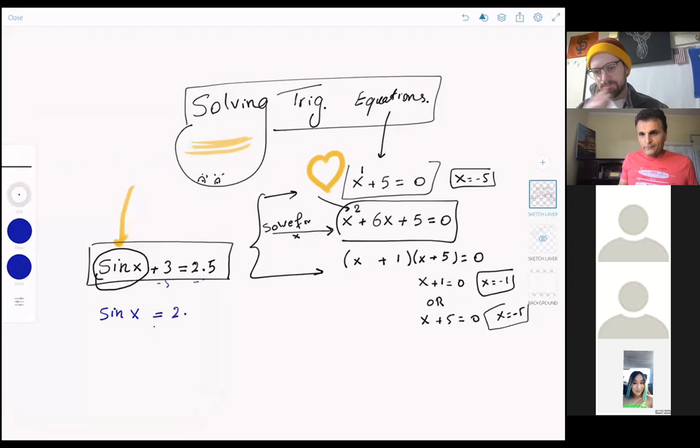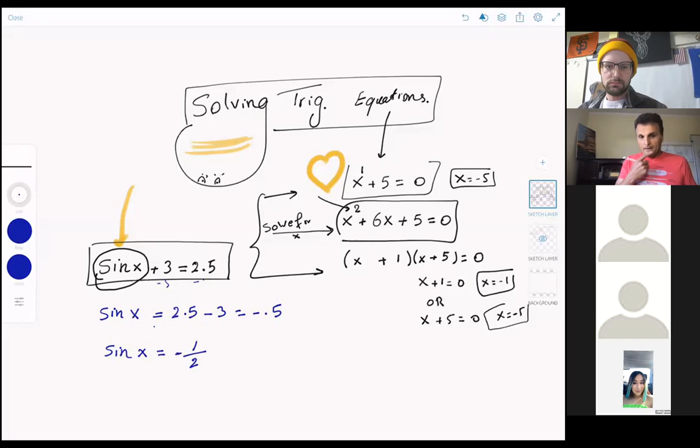We have 2.5 minus 3 will be negative 0.5. So sine of x equal to negative 1/2, which is the same as 0.5. So they didn't ask us to solve for sine of x. We are looking for this x or theta, whatever is inside.